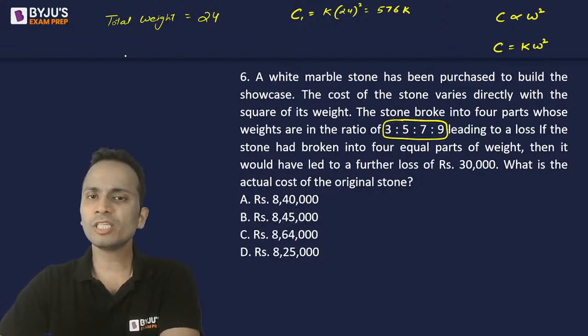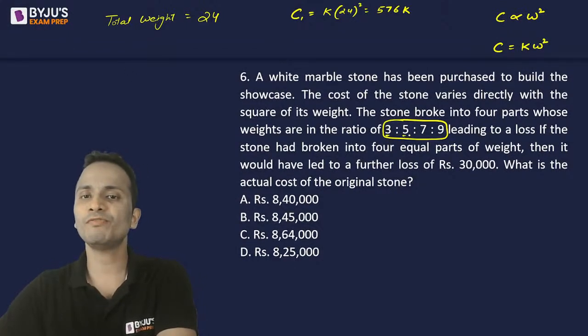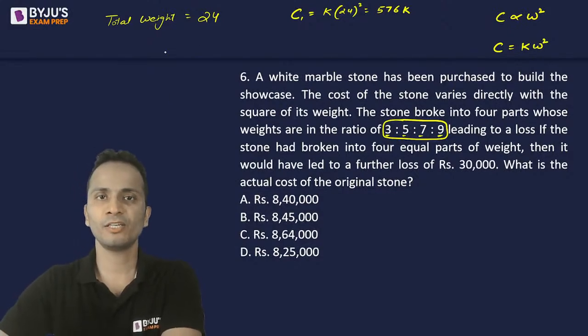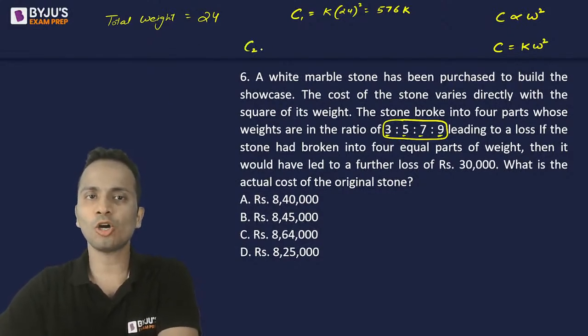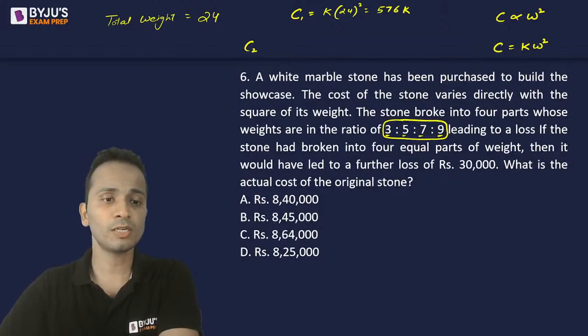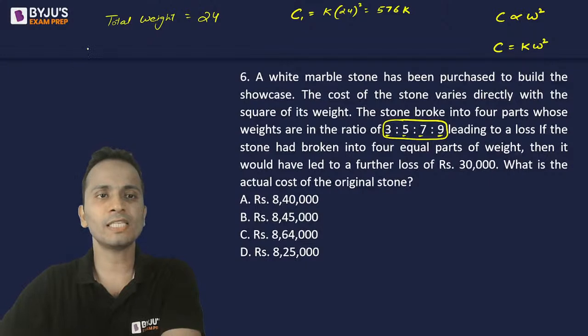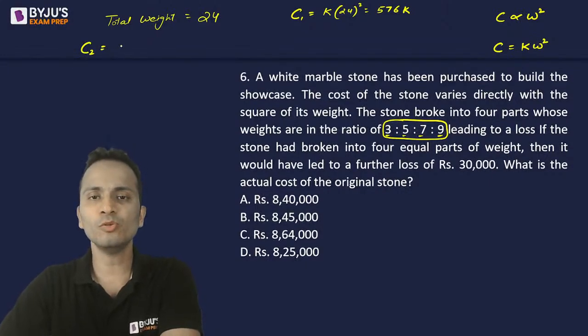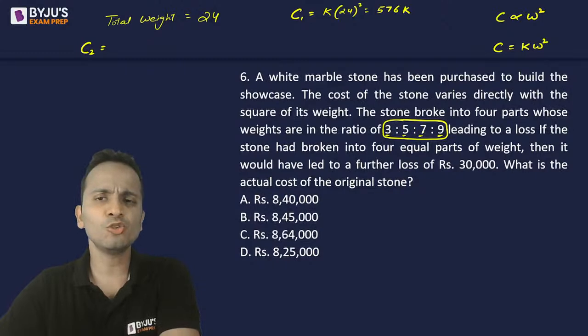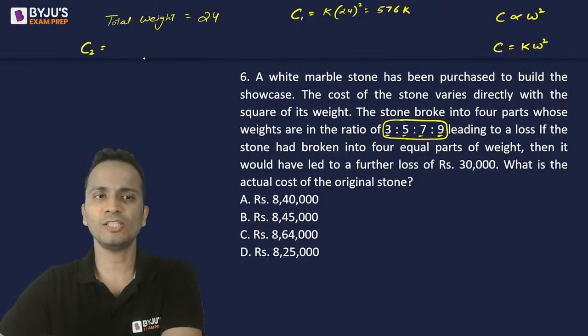Okay. Now this stone is broken into four parts in the ratio 3, 5, 7 and 9. So this total cost, once the stone is broken into these four parts, I call it C2, is equal to K into 3 square plus K into 5 square plus K into 7 square plus K into 9 square.